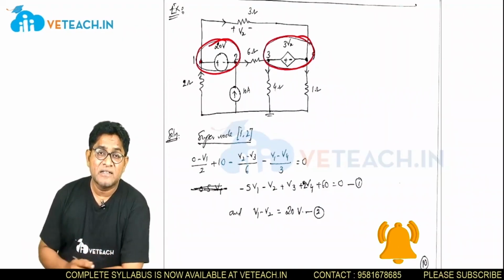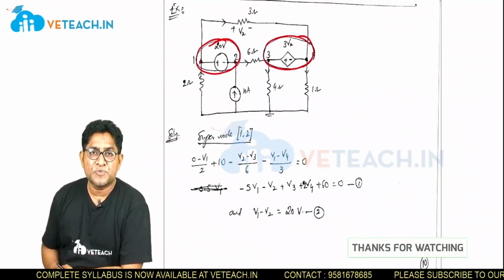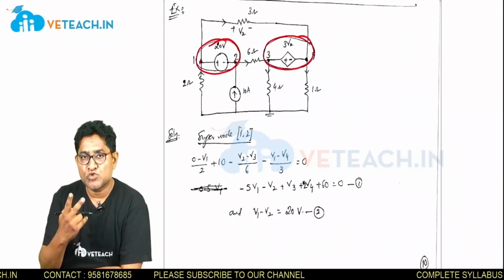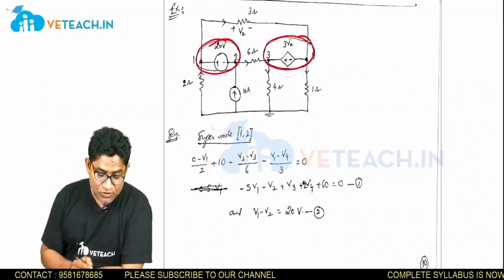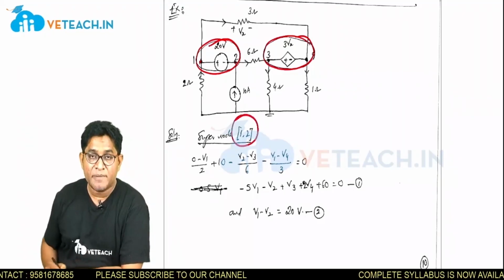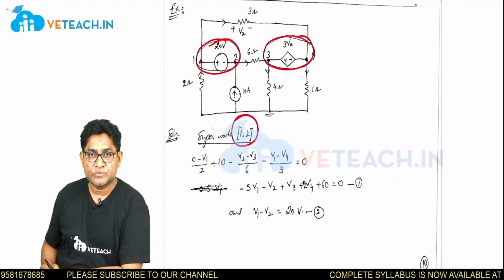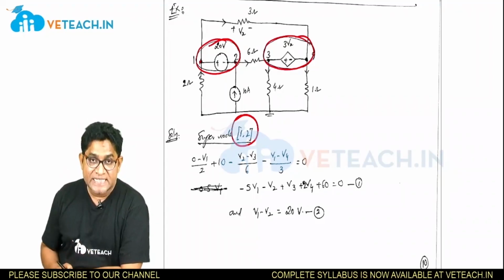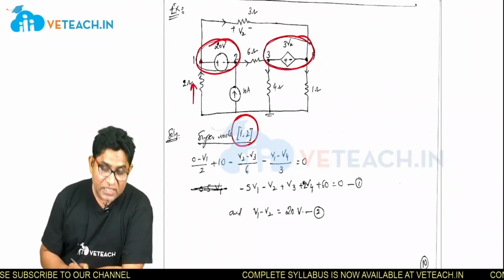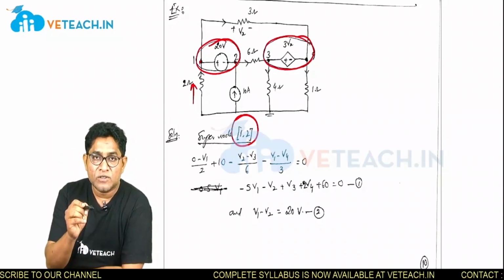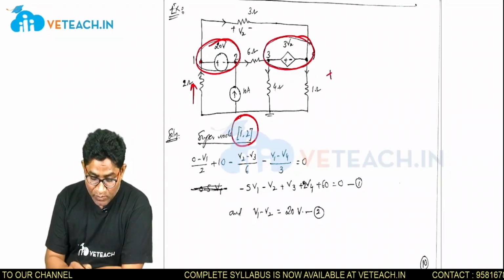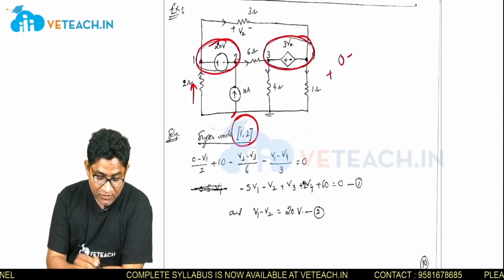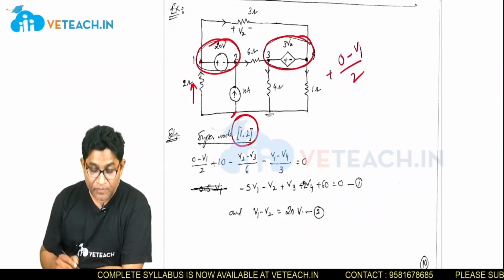So let us write the node equations first. How many super nodes? 2 super nodes, so we will get 2 KCL equations. Considering the super node formed by clubbing nodes 1 and 2 as a single node, writing the KCL equation: the 2 ohm is carrying current towards the node, so entering means plus, that is 0 minus V1 by 2.